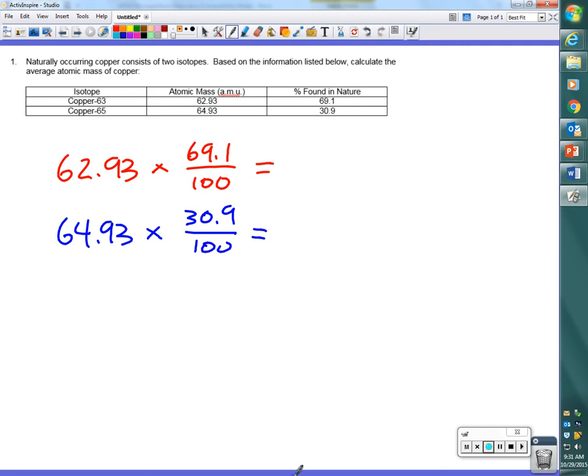again, on those fractions, if you just want to turn them straight into decimals of 0.691 or 0.309, that's perfectly fine. If you understand it, saves you another step, whatever, I'm okay with that.